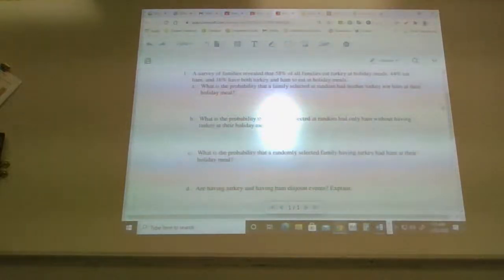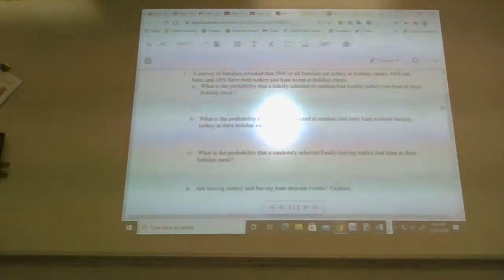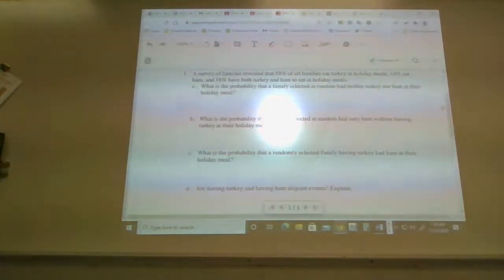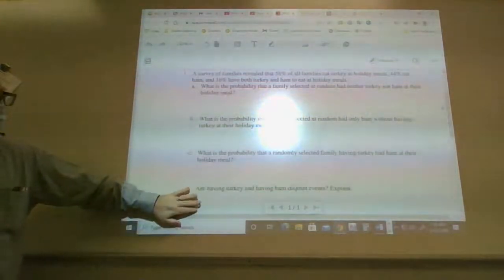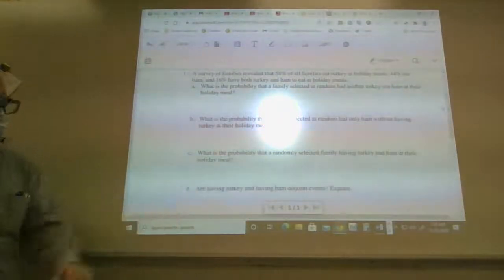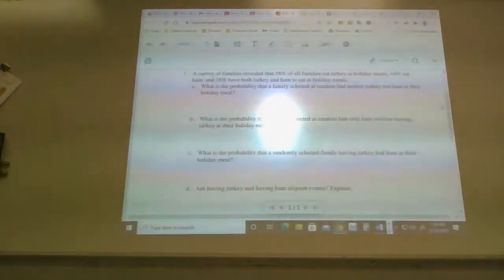And 16% have both turkey and ham at holiday meals. And then there's a bunch of questions. For these questions, I'm mainly going to be focusing on A, B, and C for the time being. D is kind of a gimme based on the definitions that I gave you last class. So I'm really going to be focusing on A, B, and C for the first little chunk of class.